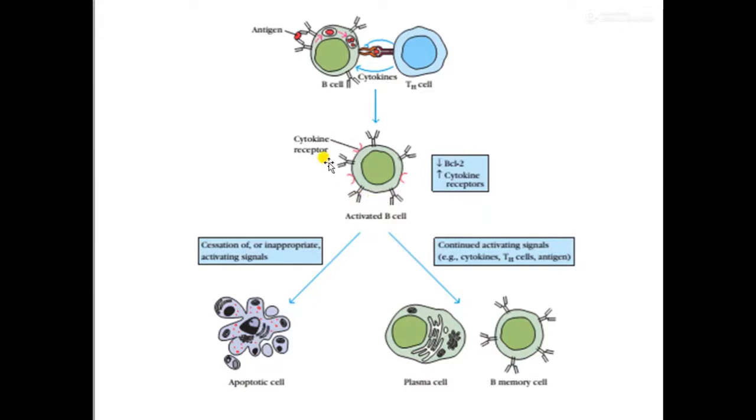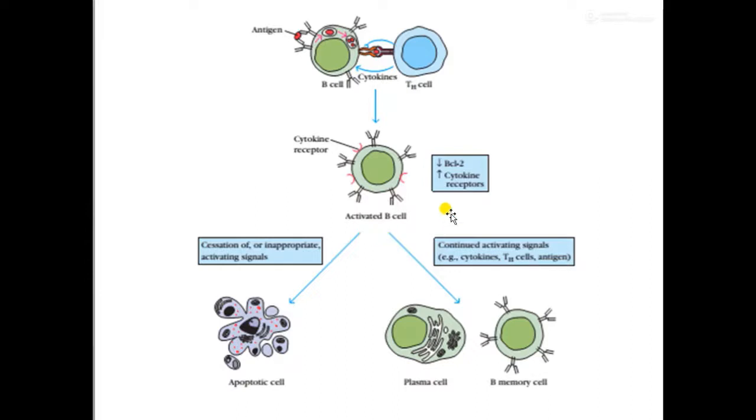Now, once it gets activated, the B lymphocyte will produce some cytokines, and cytokine receptors will be produced. Cytokines are signaling molecules, chemical molecules which are produced during the activation of cells.